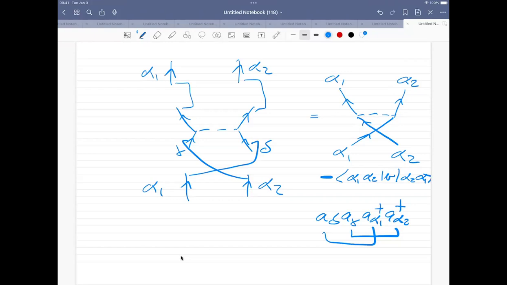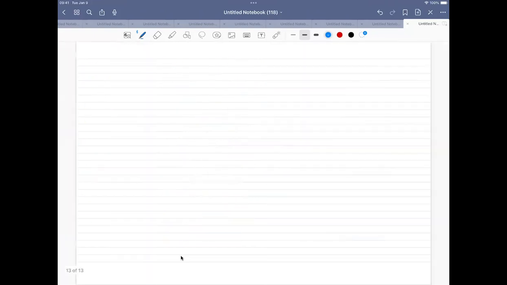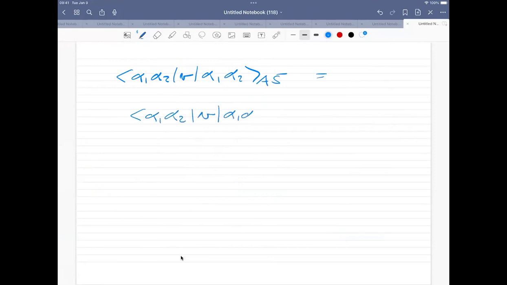So that means that this anti-symmetrized matrix element, which is the final expression we would need to evaluate, or which we have pre-calculated the integrals for, means that this term which we wrote as ⟨alpha 1, alpha 2| V |alpha 1, alpha 2⟩ anti-symmetrized is equal to ⟨alpha 1, alpha 2| V |alpha 1, alpha 2⟩ minus ⟨alpha 1, alpha 2| V |alpha 2, alpha 1⟩.